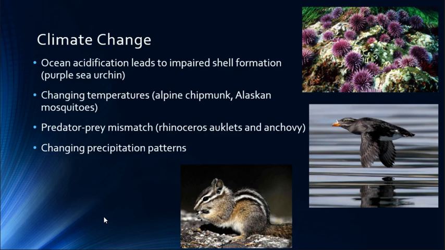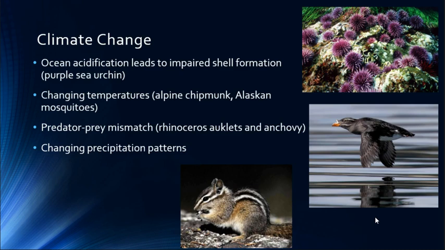And so in places where there never used to be mosquitoes, there are lots of mosquitoes now. And then you also have predator-prey mismatch. A good example of that are the rhinoceros auklets and the anchovies. The auklets hatch, but the anchovies haven't arrived yet because the migration patterns are changing because of the changing climate, and that's a huge problem.